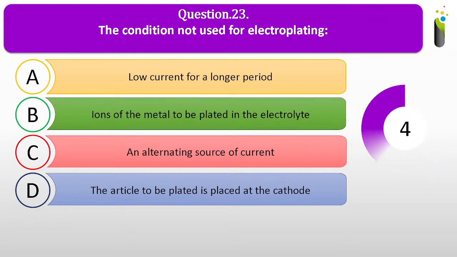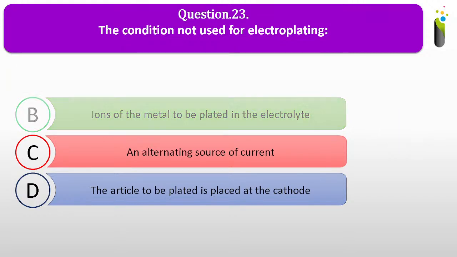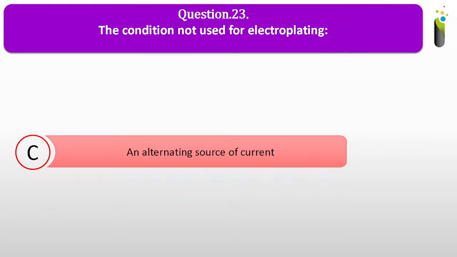Condition not used for electroplating. And the correct answer for this question should be C. So the condition which is not used for electroplating is an alternating source of current.